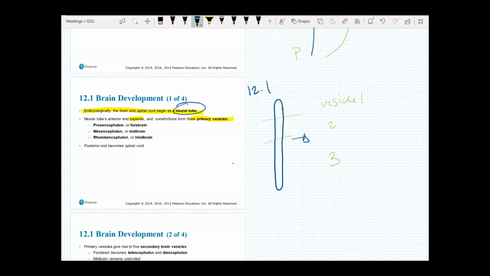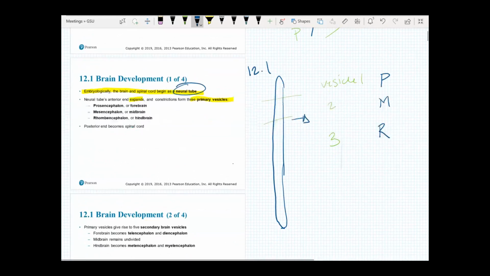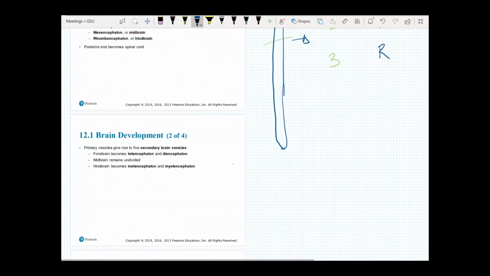Your neural tube will continue, but these are the three sections that will be the anterior portion of your neural tube. So these three sections will then continue to develop.